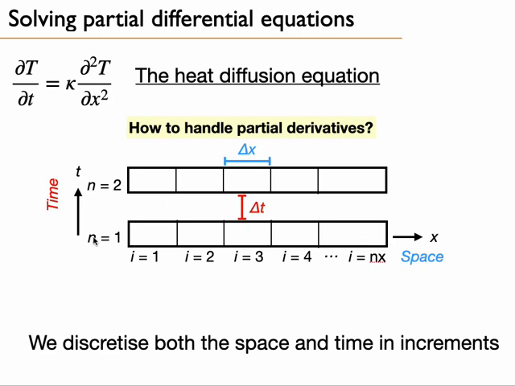n is a time index. So n equal 1 will represent the initial state of the model, n equal 2 represents the second stage, and it will run until nt, for example, the number of time steps in your model. The size of each cell of the model in space is delta x. So that's a width.